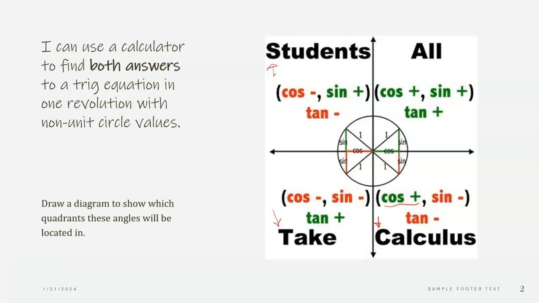Cosine is the x-coordinate. Quadrant 4, we're to the right of the origin, but we're below the x-axis, so sine is negative. And so that's one way to remember which ones you're looking for. So if I want my cosine values to both be negative, then I would use quadrants 2 and 3 because that's where cosine is negative.